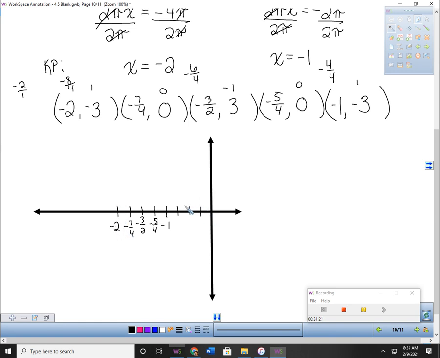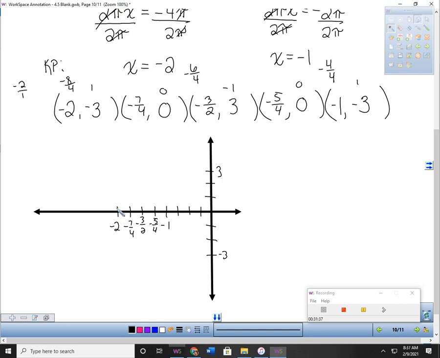So now I have equally spaced everything. I know I'm going to go all the way down to negative 3, and I know I'm going to go all the way up to positive 3. And I just look at my y values for that.